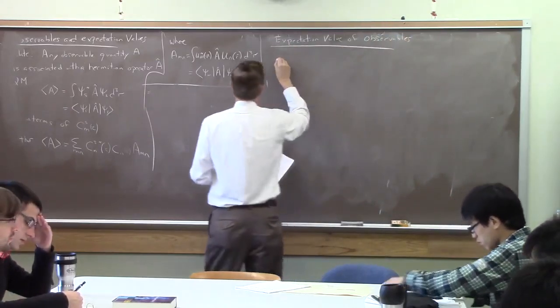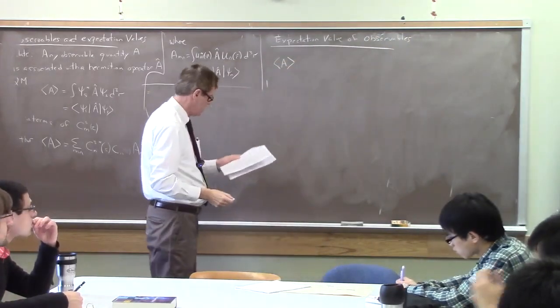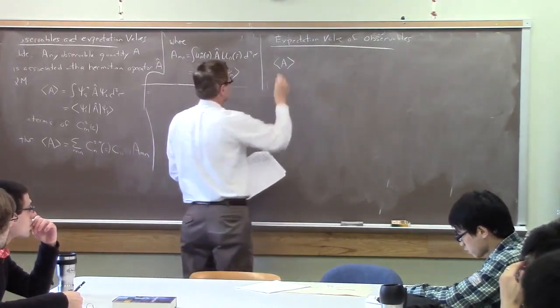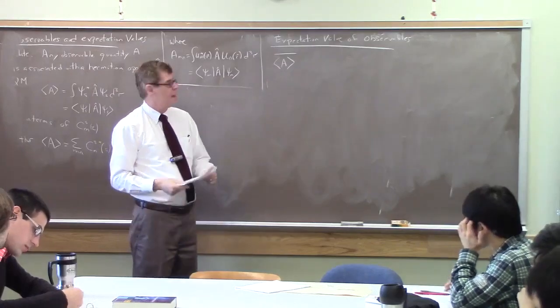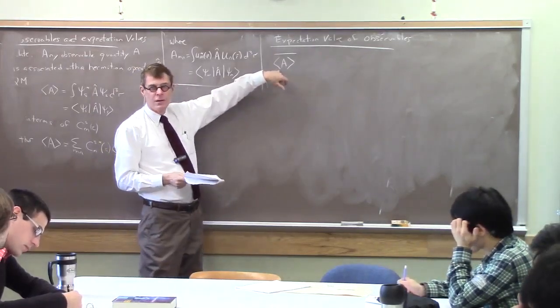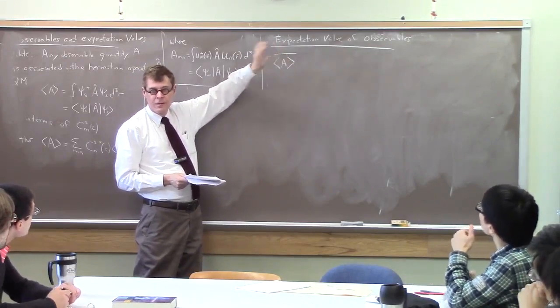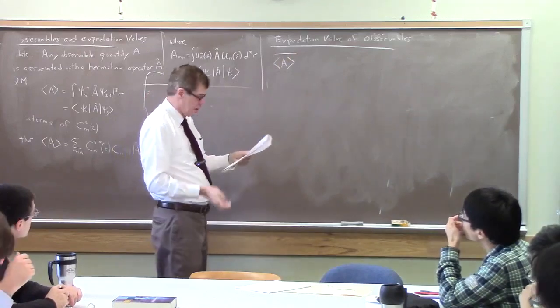Well, let's just work it out. We want to know what is the expectation value of A. For now, I'm going to use both angular brackets and a bar, and later on in the course we won't bother to do this.